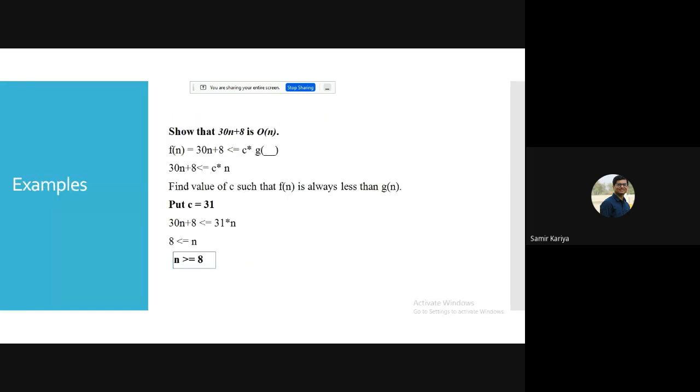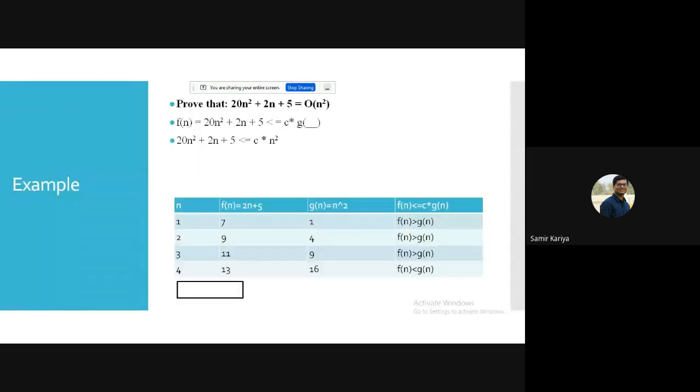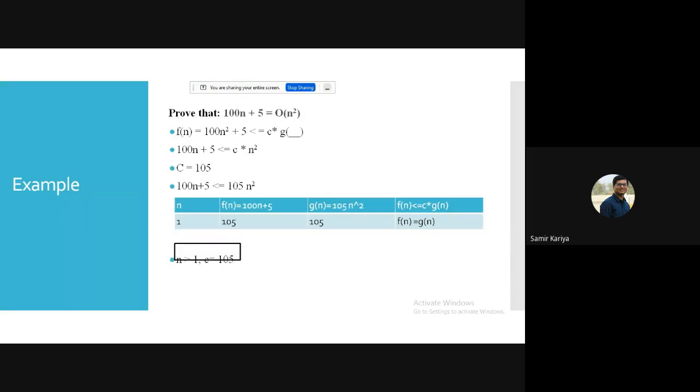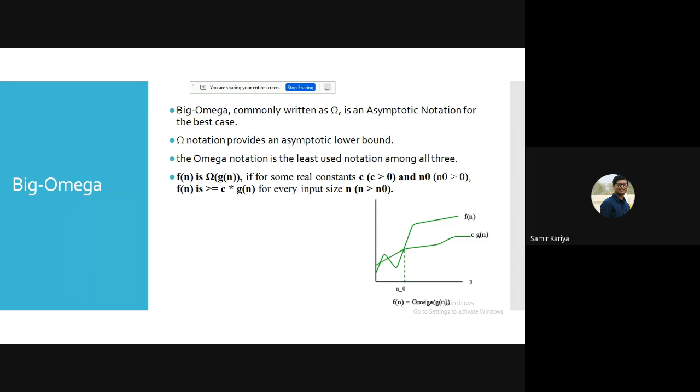These are the examples that we have seen. Opposite is big omega. Again, we have to find the n0 value.